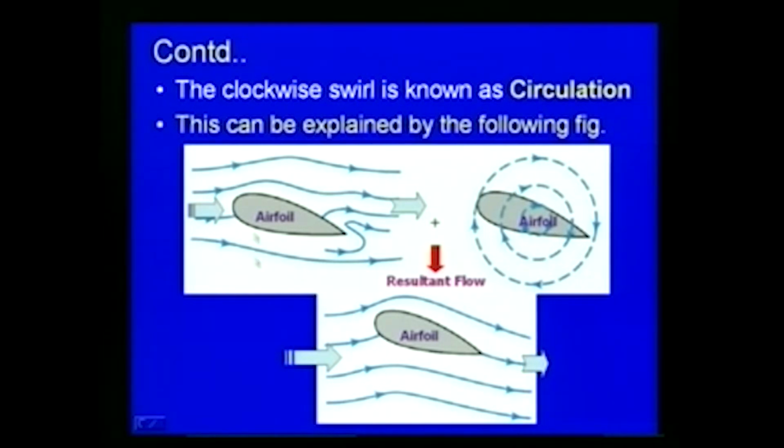So here is the airfoil with the flow and the disturbance, plus the effect of circulation, and if you add them together, the resultant flow will be like this, and finally we can see that lift is produced.